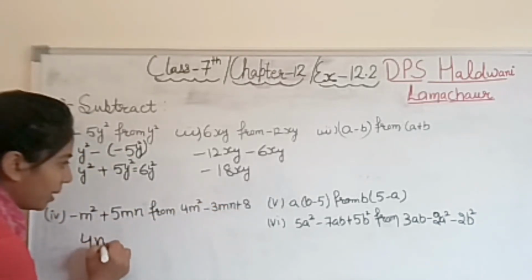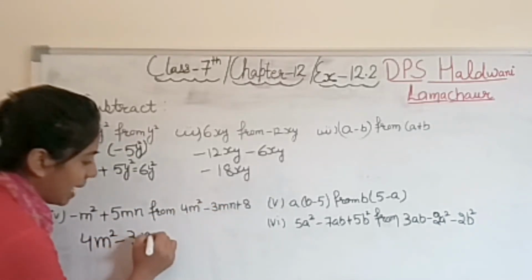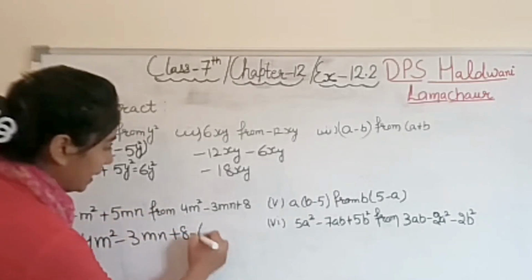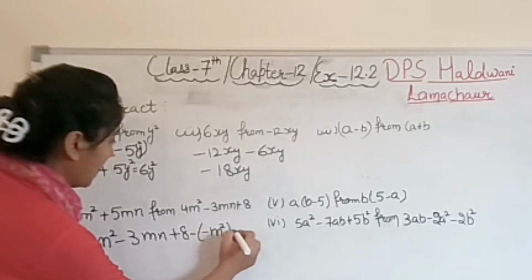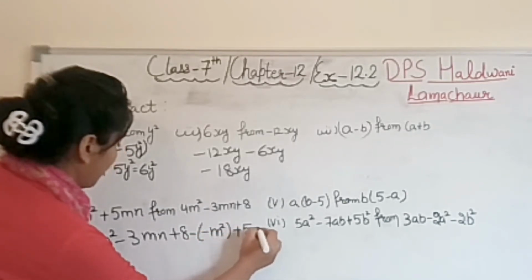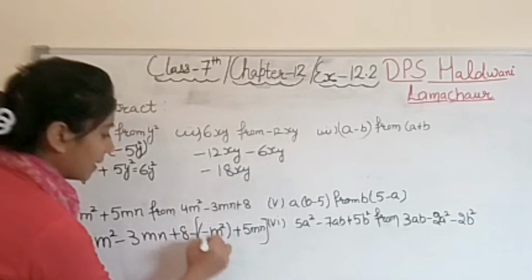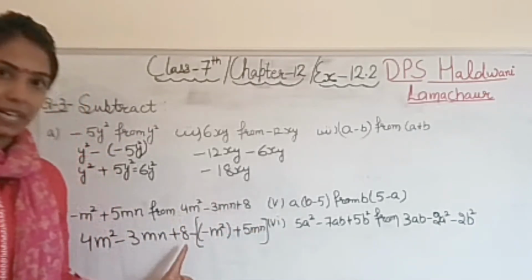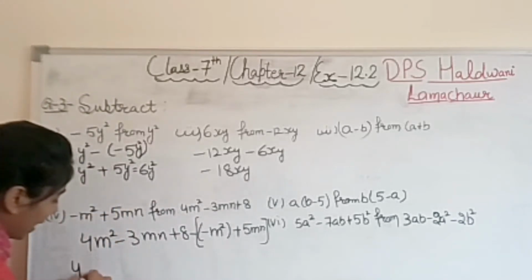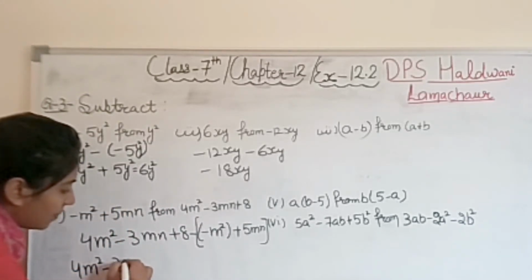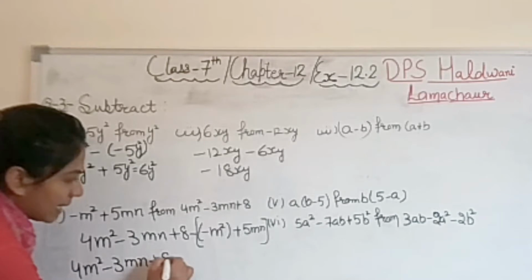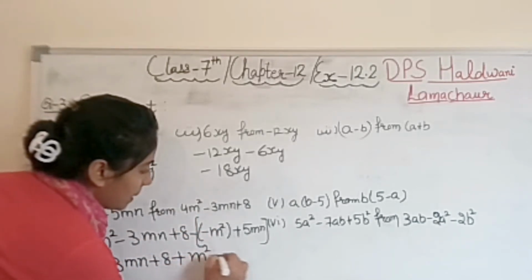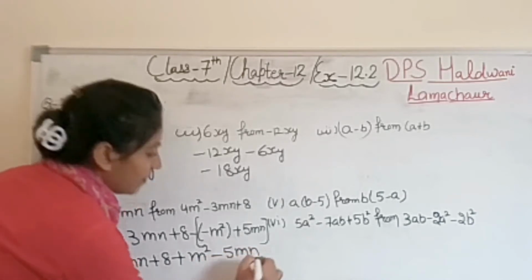Coming to our third part, minus m square, this term from this term. So it will be 4m square minus 3mn plus 8 minus, it is minus m square plus 5mn. This both terms come together because this full term we have to subtract. Right? Now simplify it. 4m square minus 3mn plus 8, open the bracket, minus minus plus m square, plus minus minus 5mn.